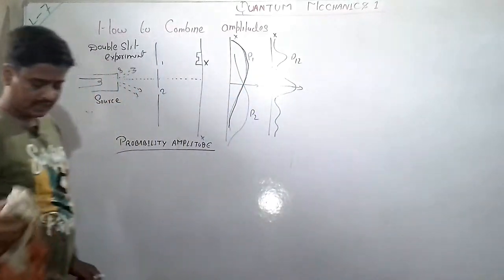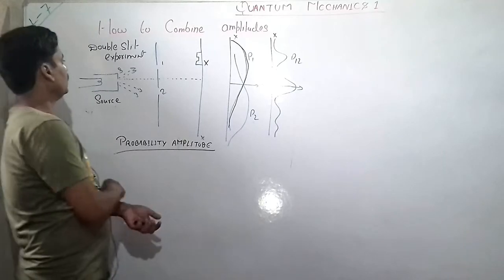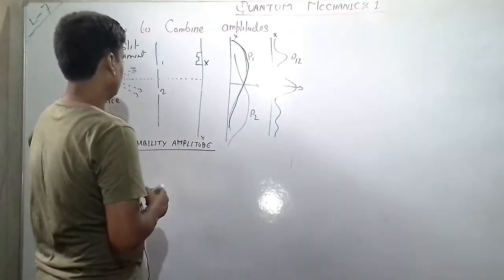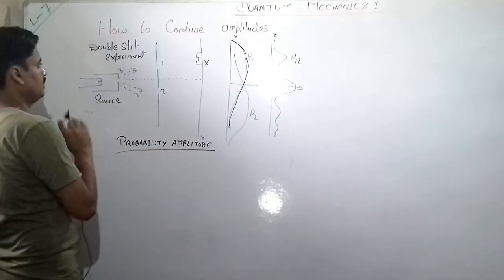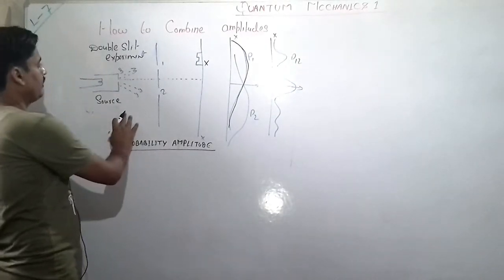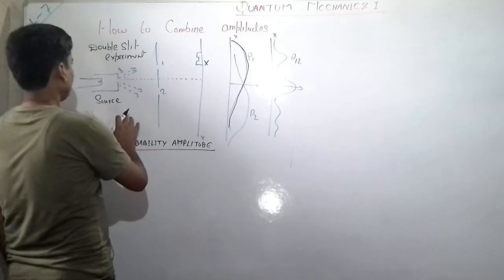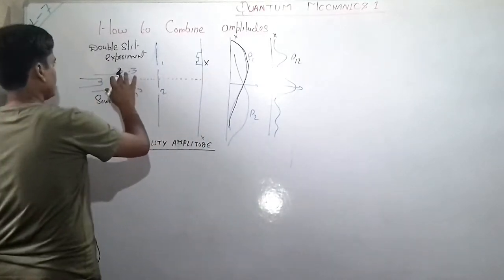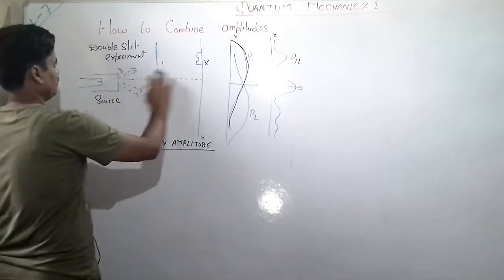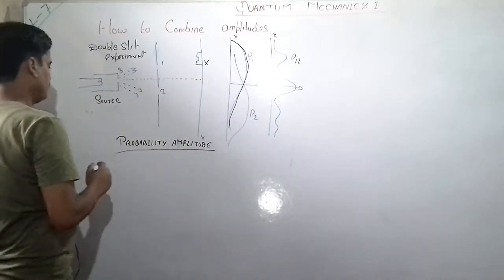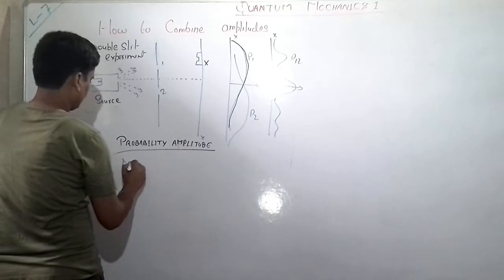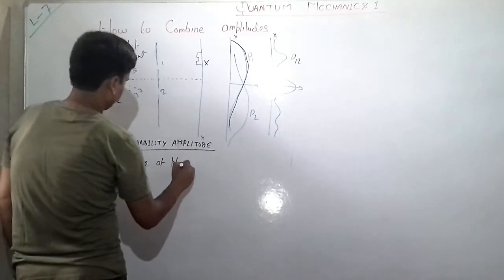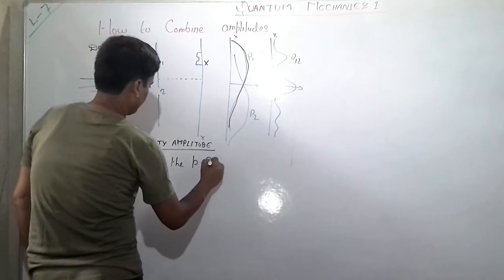So now how can we combine these? The probability of an electron traveling from source S to X is the square of the probability amplitude.